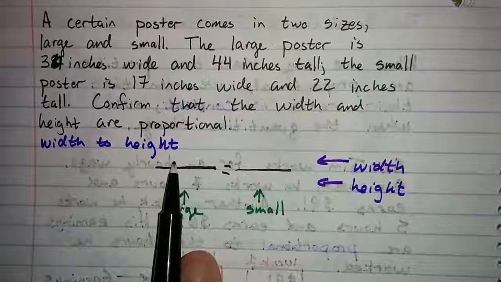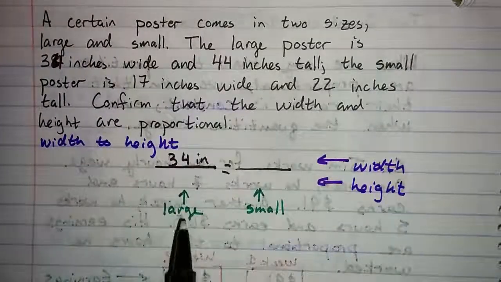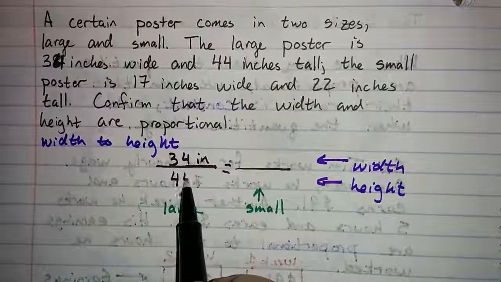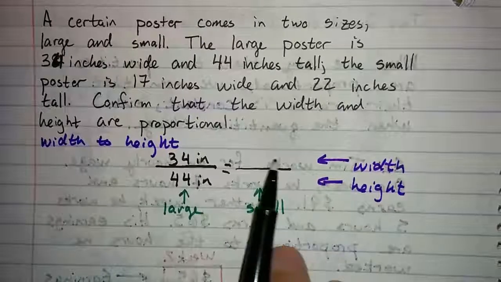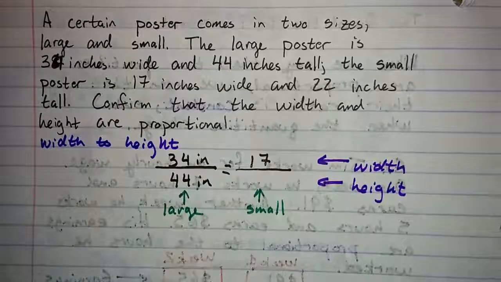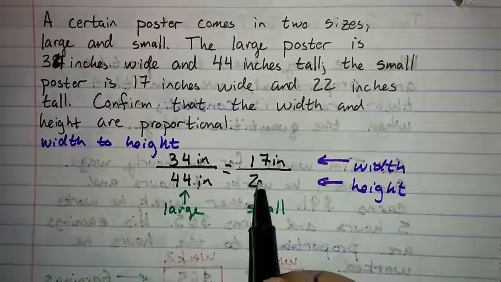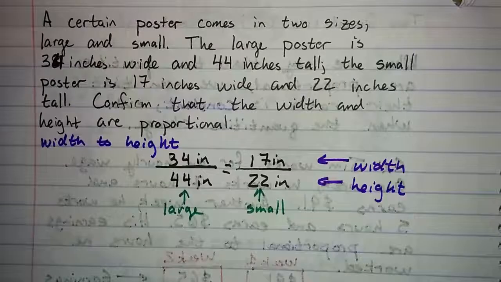The width of the large poster is 34 inches. The height of the large poster is 44 inches. The width of the small poster is 17 inches. And the height of the small poster is 22 inches.